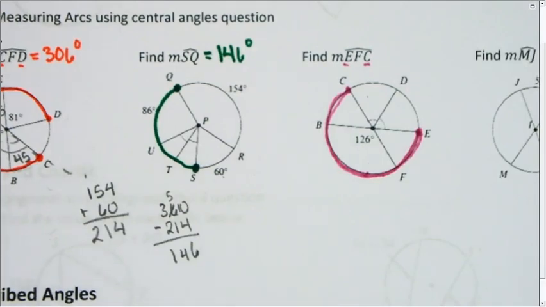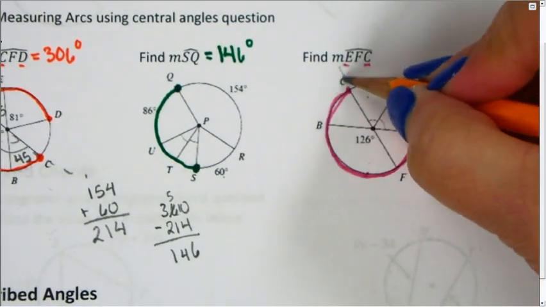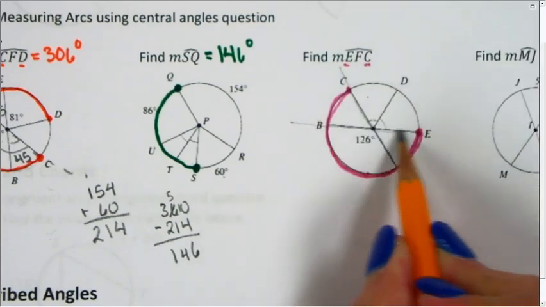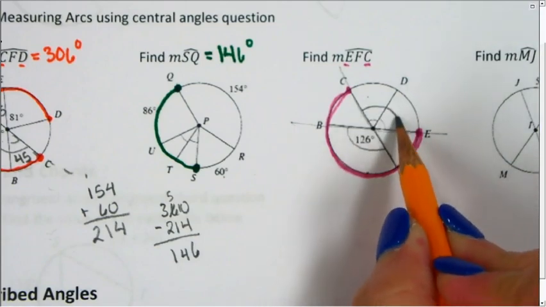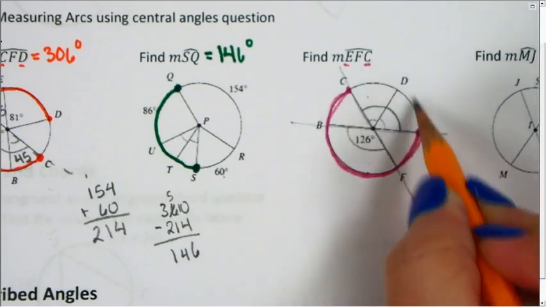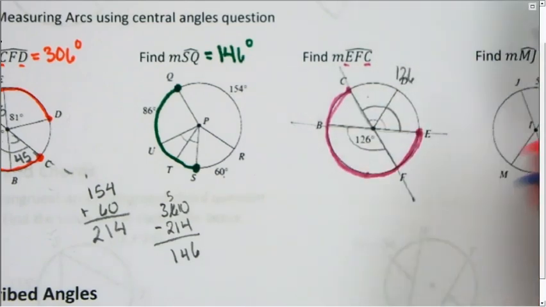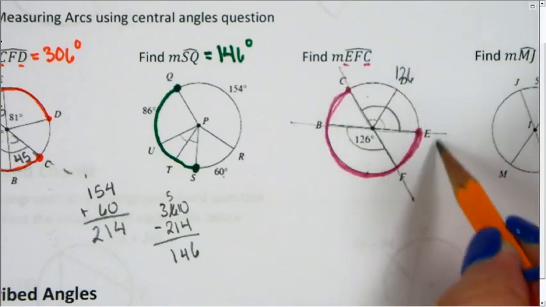For this arc, this is an interesting one because if I look at this diameter here and this diameter here, I can see this 126 degrees is vertical to these two angles over here. So that means these two angles together are 126 degrees. I don't want that part. That's the part of the circle I'm not looking for.